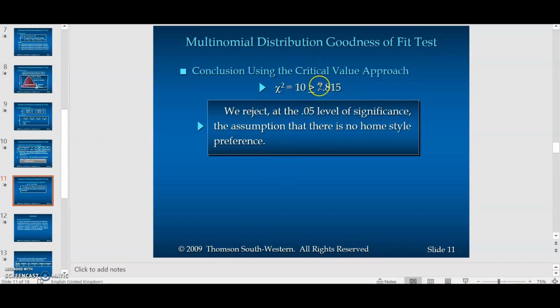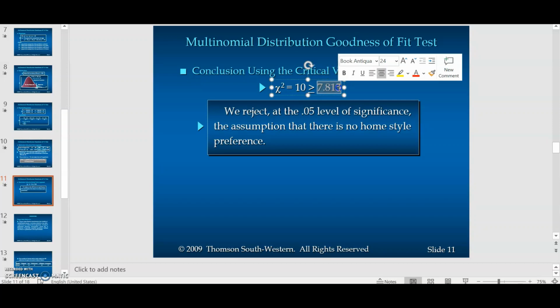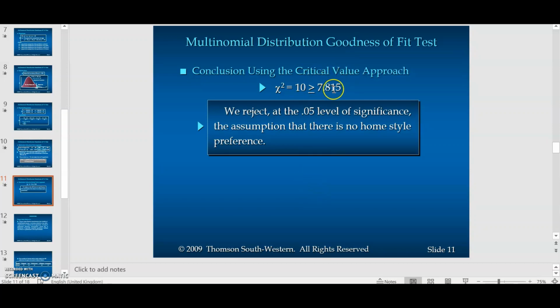And we have also identified the chi-square critical value, 7.815. Since the chi-square statistic is larger than the chi-square critical value, we can reject the null hypothesis and conclude that the alternative hypothesis is true.